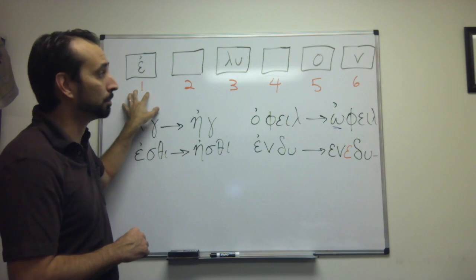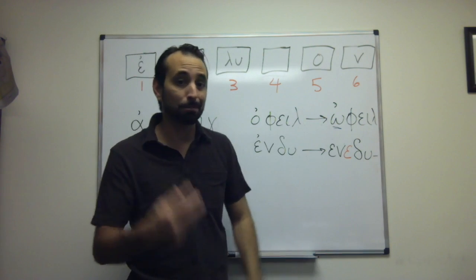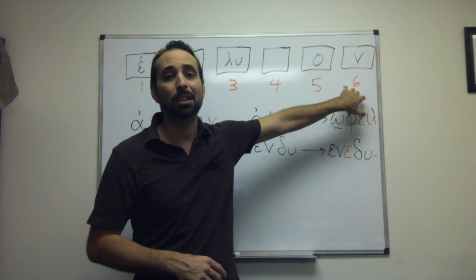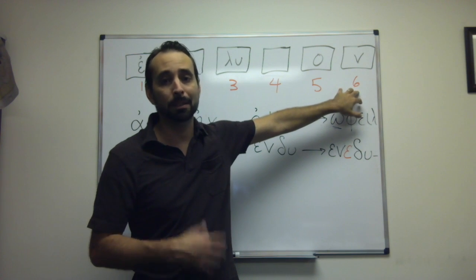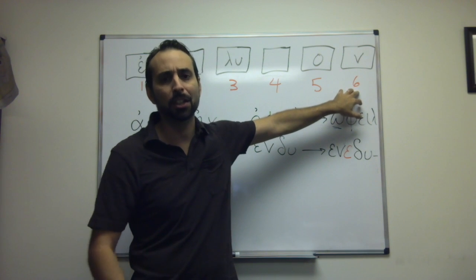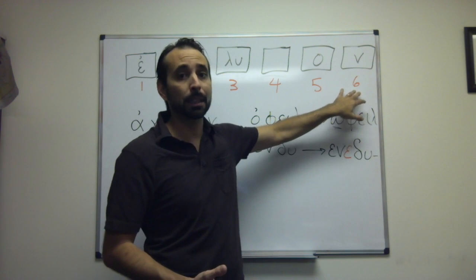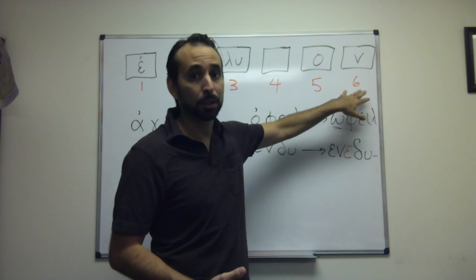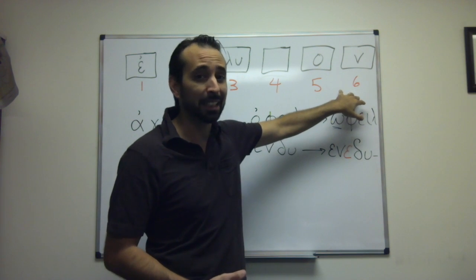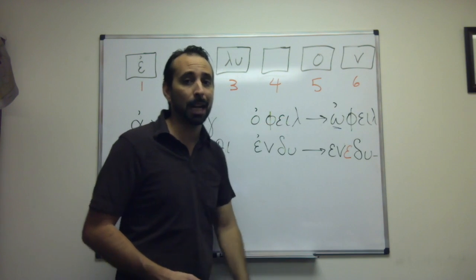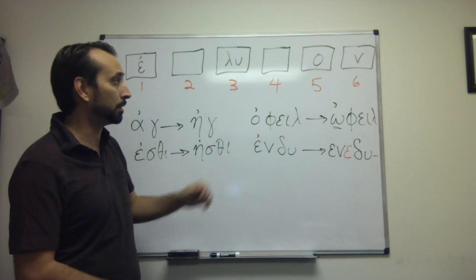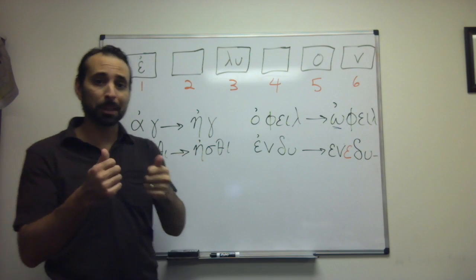It has the augment, and it has a second thing, and it must have both. The second thing is what we call secondary endings. You learned the primary endings, omega, eis, ei, in chapter 2 and 3. In this chapter, you're going to learn what we call the secondary endings that go with these past tenses in the Greek language.